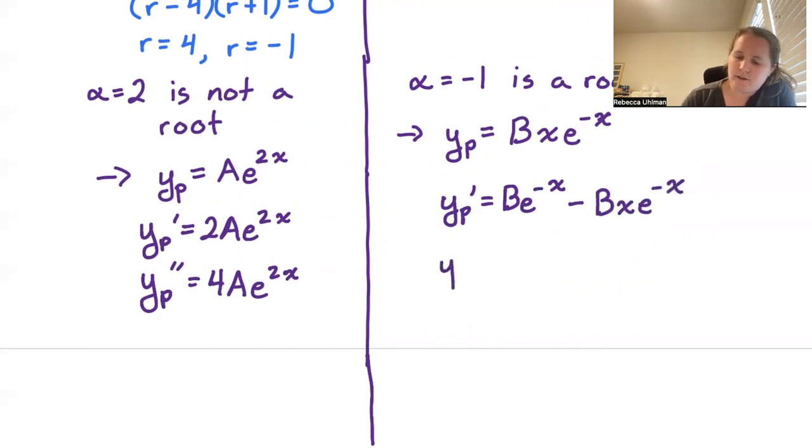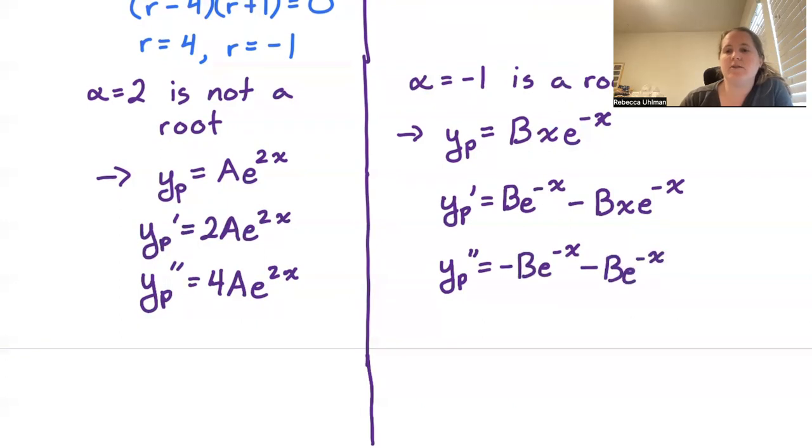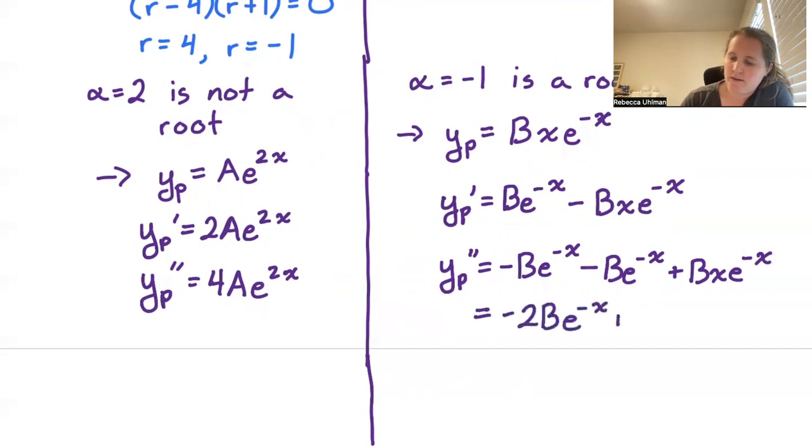For our second derivative, we would have negative b e to the negative x from that first term. Then we would have another minus b e to the negative x from the second term, first part of the product rule. And we would also have a plus bx e to the negative x. So this becomes negative 2b e to the negative x plus bx e to the negative x.